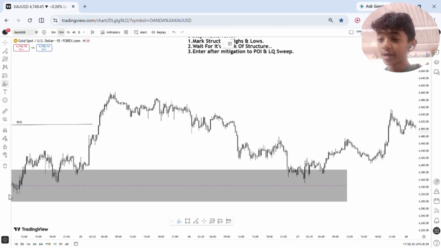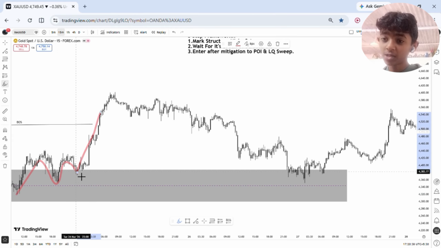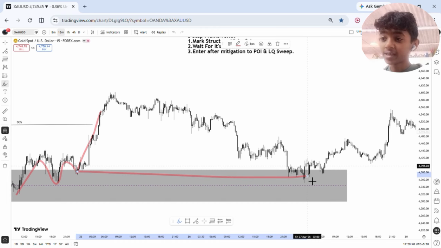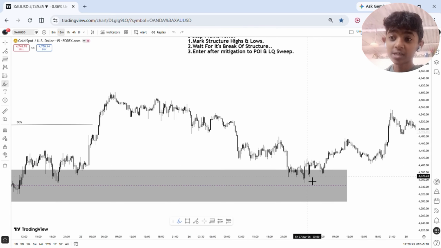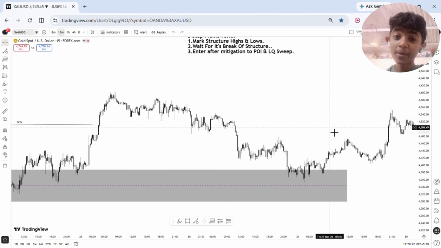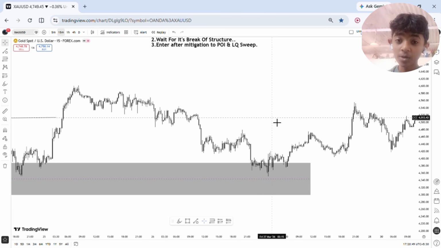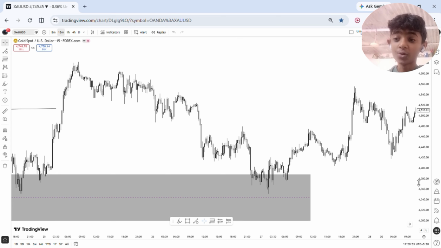When the price was going up, price created these lows, and this is our push inducement. Price has officially swept that low, so the first criteria has been checked. The pull inducement is when the price is pulling back to the point of interest and then gives us a recent liquidity sweep.